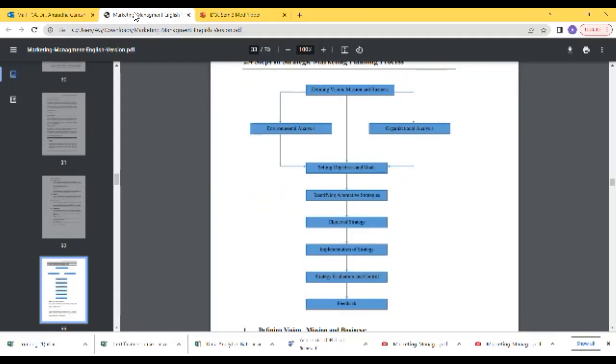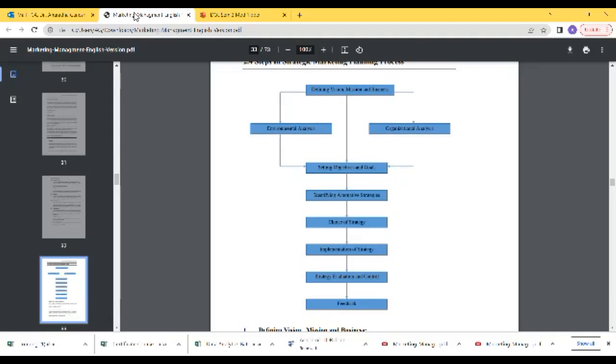Whether they want to achieve a strong customer base, or they want to expand their market, or they want to have the same customer base, but they want to introduce more products. So it all depends on what goals, what mission the company's directors and the management has regarding the company, regarding the products of the company. So for which what is necessary is an environmental analysis and organizational analysis.